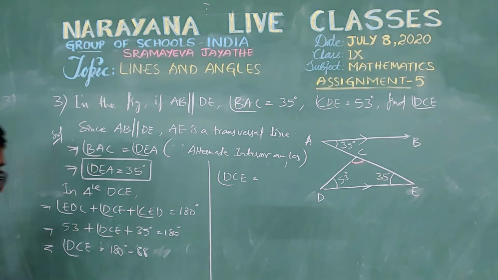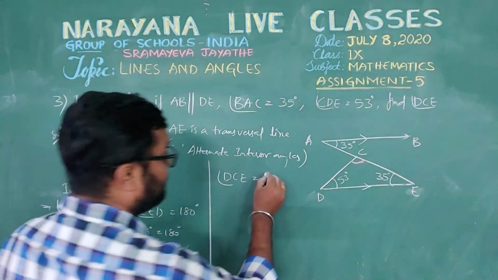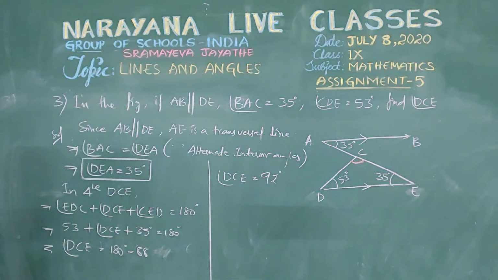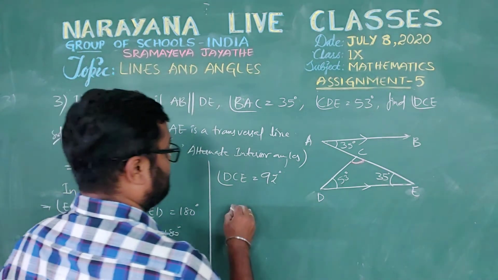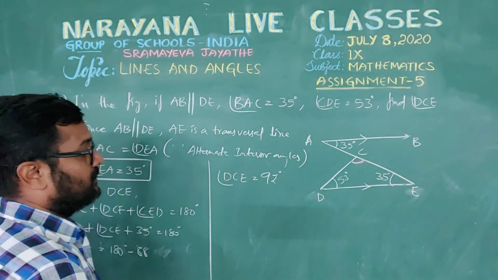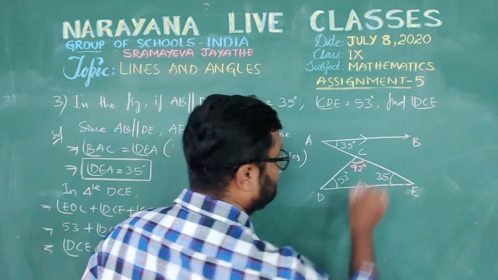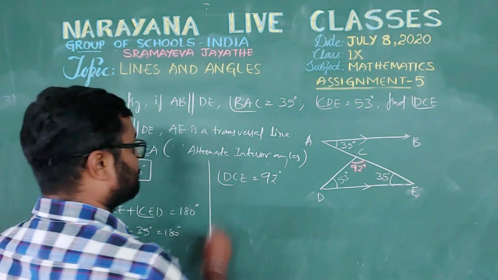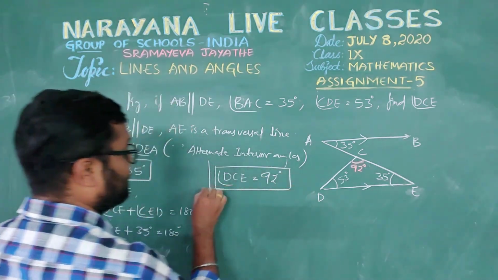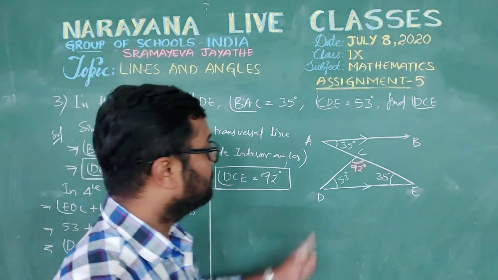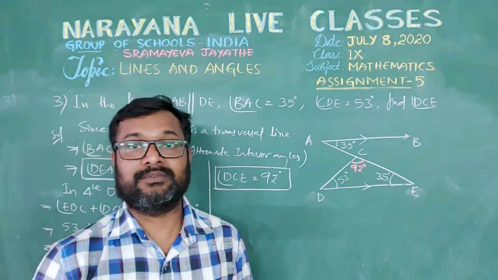How much? 92 degrees, isn't it? Therefore, angle DCE is 92 degrees. So like this, we can find the angle DCE in this problem.